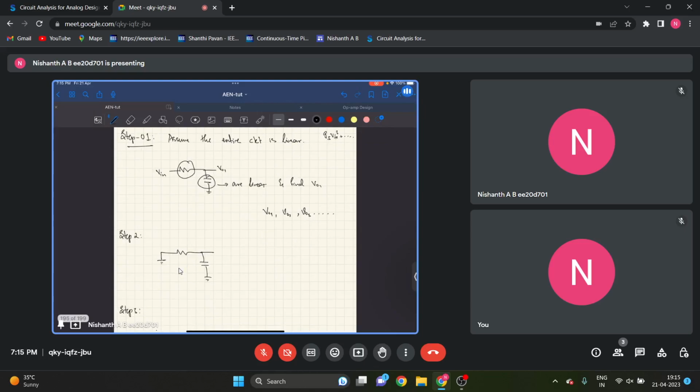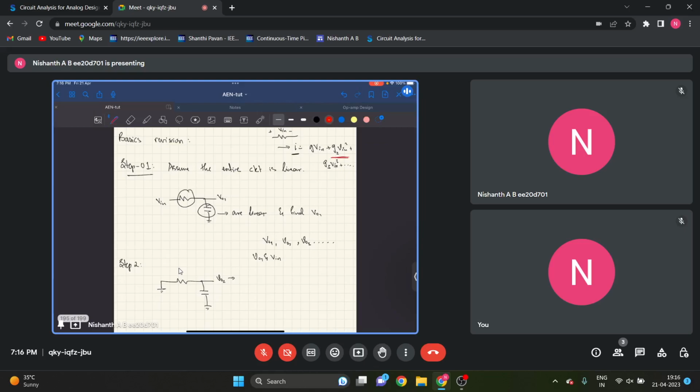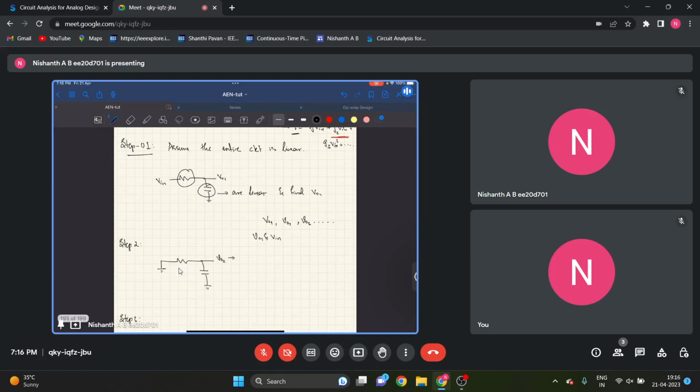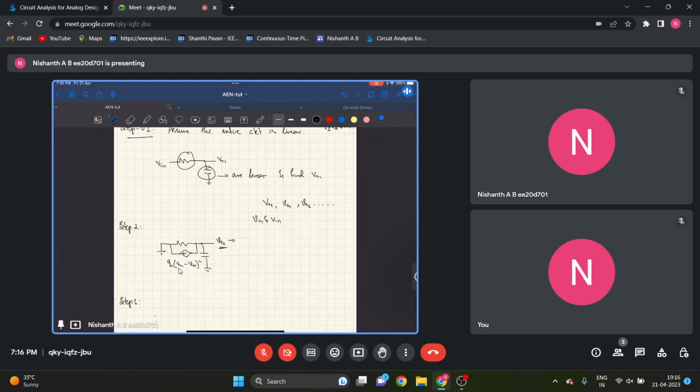Now, once you have VO1 and Vin, to find VO2, which is the second harmonic, or say output due to second order nonlinearity, which is this fellow over here, what you do is you inject a current G2 into (VO1 minus Vin) whole square, okay, and find out VO2.